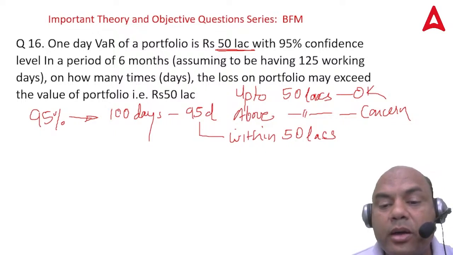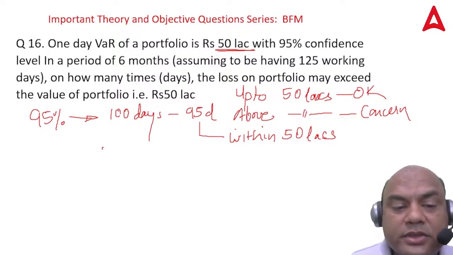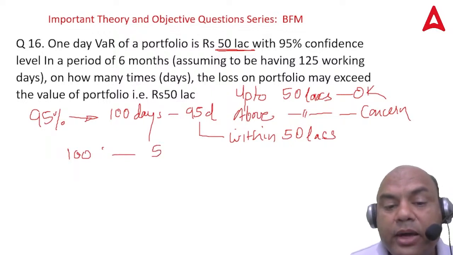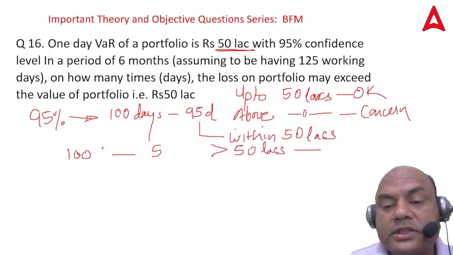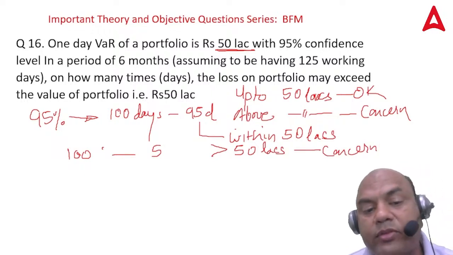So the number above 50 lakhs is 100 minus 95, so 5 days. Out of 100, for 5 days my loss is above 50 lakhs. So this is a concern for me. Now in 100 days I am having 5 days.